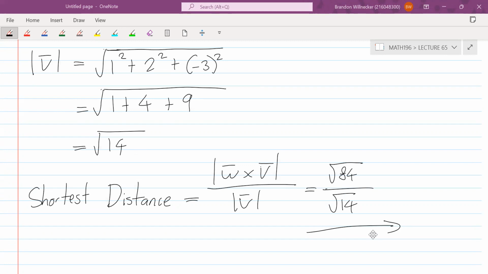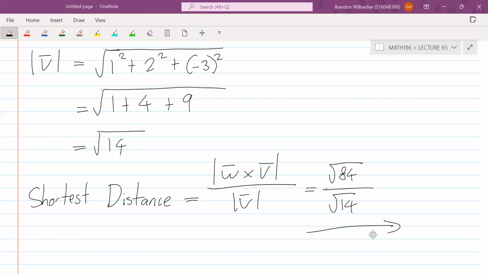Next, we're going to look at the distance between two lines. Now we know that if the two lines are intersecting, then the shortest distance is going to be 0 because they're touching each other. If the two lines are parallel, then the distance between them is going to be constant because they run next to each other.